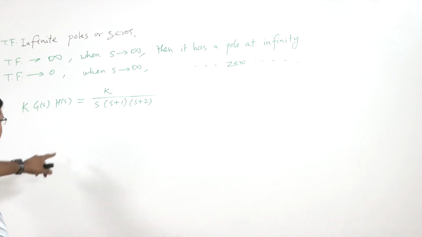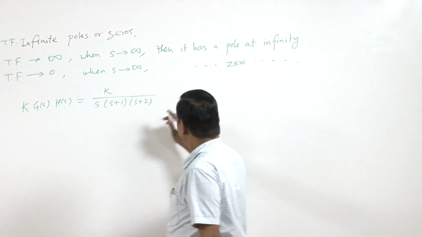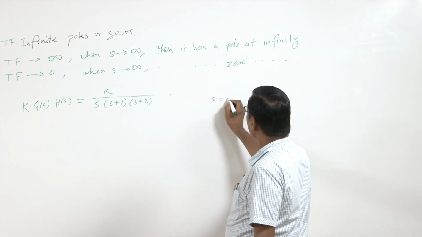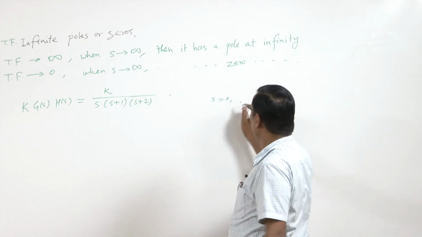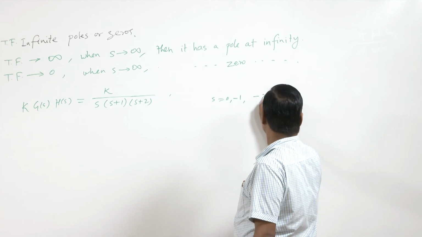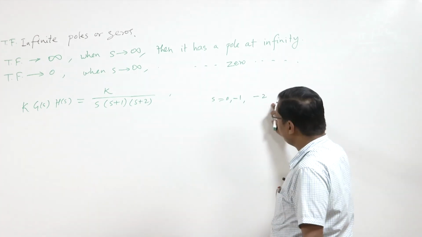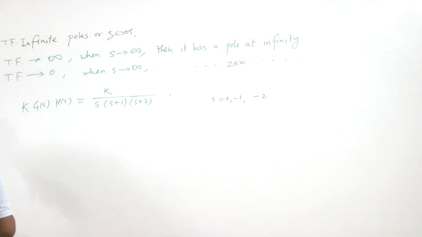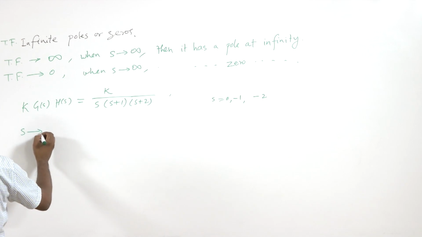So we know that here we have 3 finite poles: s equal to 0 and s equal to -1 and -2. Now let's put s tends to infinity.